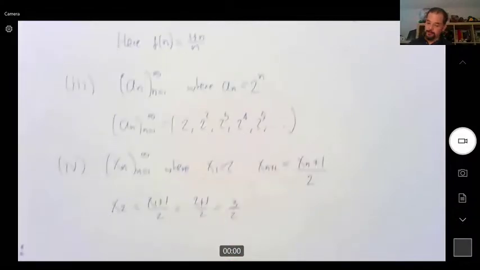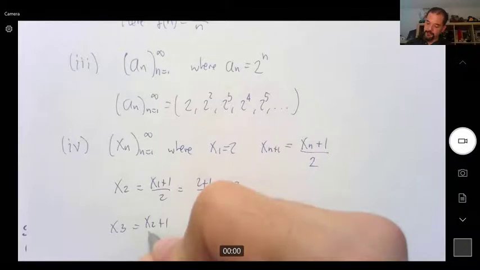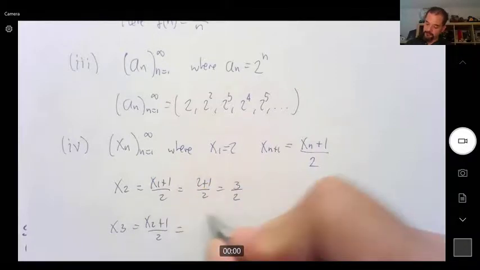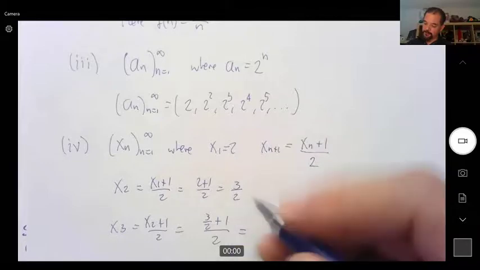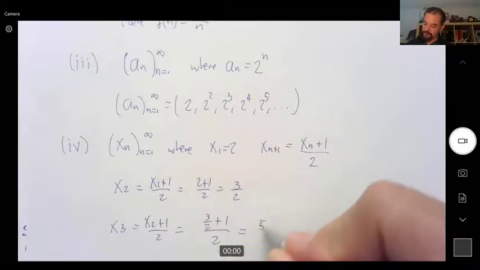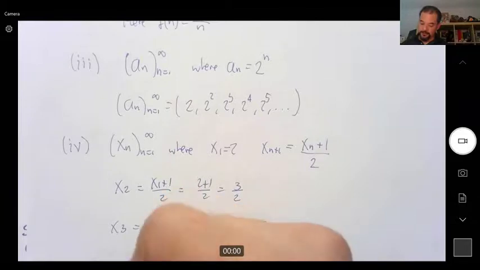And then if I want the one after that, well, I just follow the recursive definition. Take this 3/2, put it here, add 1, divide by 2. So this is 5/2 divided by 2, that's 5/4. And so on, right? There are others that can be doubly recursive, you know, like the Fibonacci sequence.